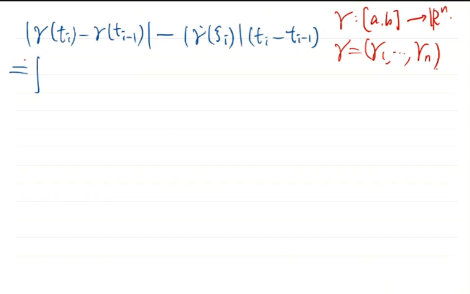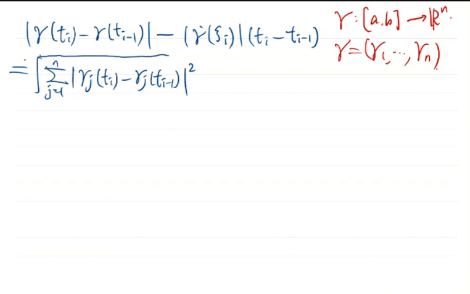The norm of the vector gamma ti minus gamma ti minus 1, which is a point in Rn, is the square root of the sum of its component squares. The component is gamma j ti minus gamma j ti minus 1, then squared. This is the norm of gamma ti minus gamma ti minus 1.